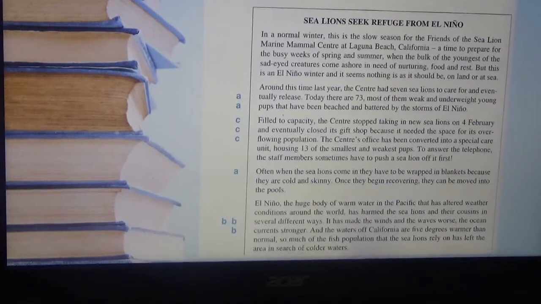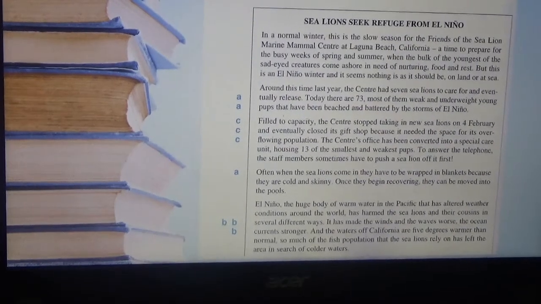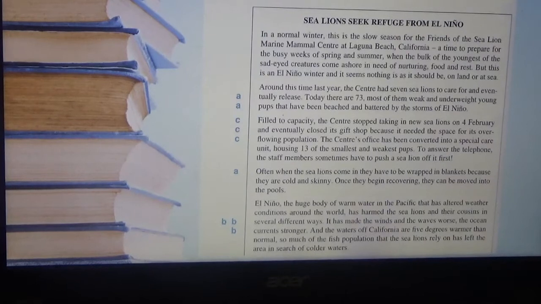As we have read, we have to read the introduction to the exercise so we will know what the passage is about, and we will know which points. It's from this passage that we'll be taking down points for our presentation, because what you'll be presenting is about this passage.